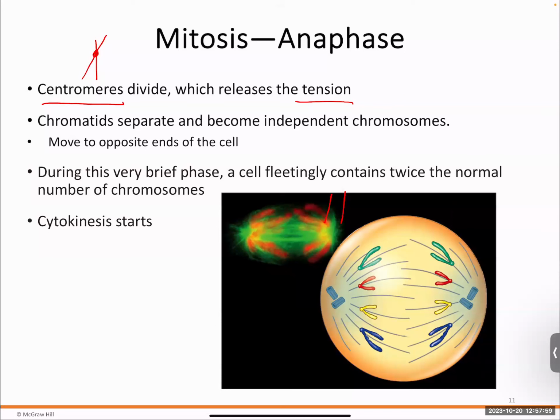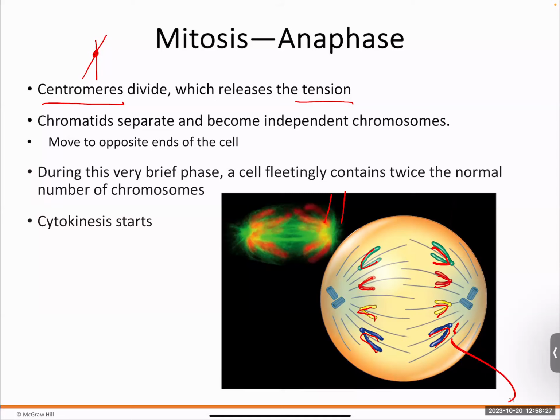And if you notice right here, which I think is really cool, these spindles are pulling half of that chromosome, the X chromosome, to one side and half to the other. Based on the coloring, you also notice that they are the same shape and the same color, which means the information on either cell is going to be identical.